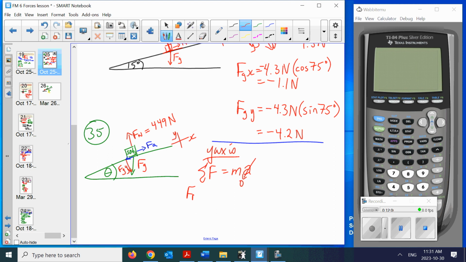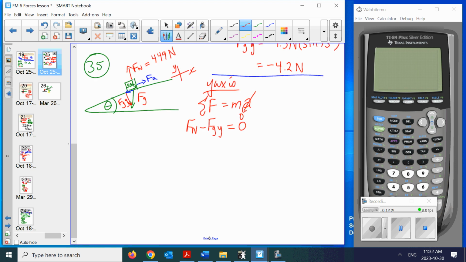I'm going to say Fn minus the weight force in the y direction. That's what the negative sign means. I've already taken that negative part. So the normal force, which is 449, is equal to the y component of the weight force. Okay.